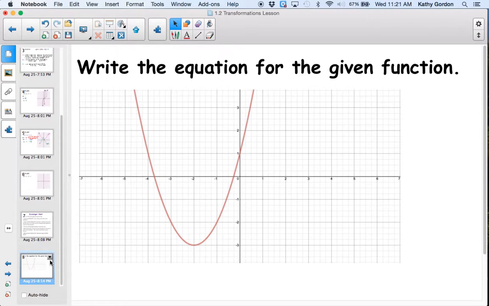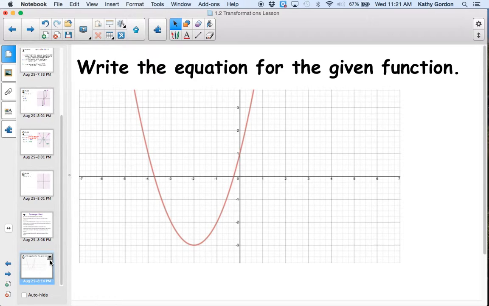If I give you the function and ask you to graph it, our process was to first identify the parent, then identify your a, h, and k values, and then graph, going from equation to graph. In order to go from graph to equation, you're still going to start by identifying what parent function it was, and then identify the a, h, and k values based on the graph in comparison to what the parent would look like. And from that, you should be able to write your equation.